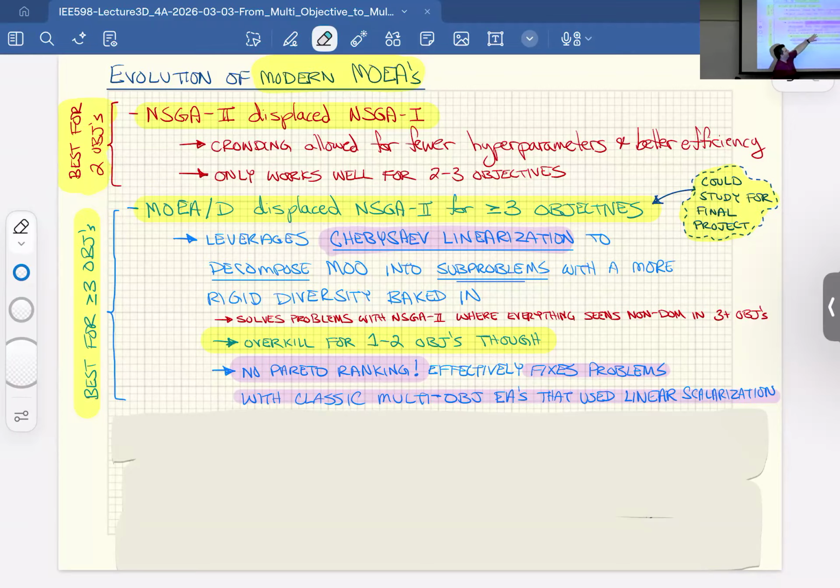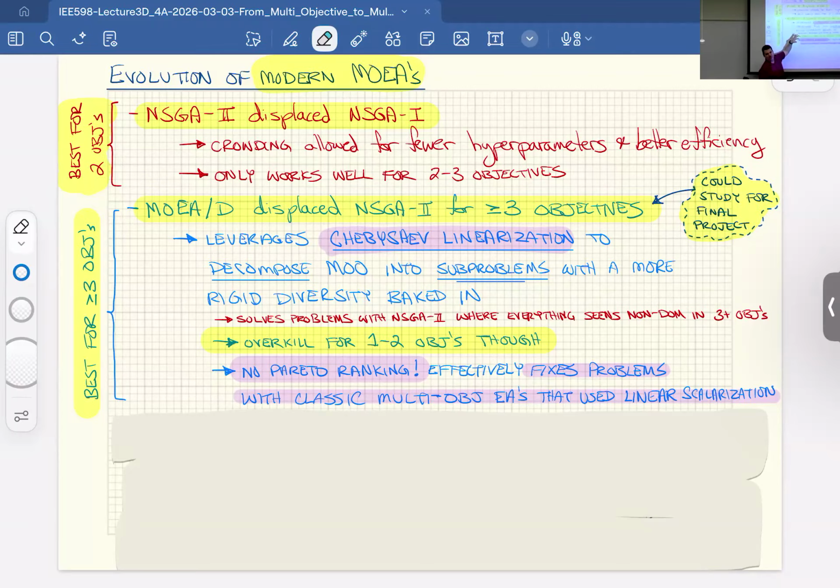Once you have 3 or more objectives, people have figured out how these approaches based on decomposition work. And so when you have multiple objectives, you're going to find NSGA2 everywhere, because a lot of people work with 2 objectives for reasons that we could go into, and NSGA2 works really well for 2 objectives. But if you really do need to work with 3 objectives or higher, NSGA2 doesn't work very well, but MOEAD does.